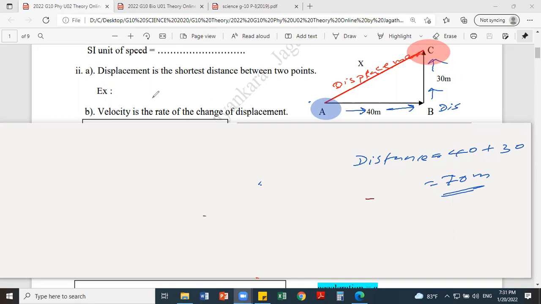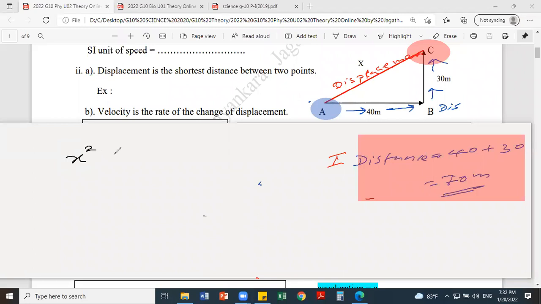I want you to copy this diagram in your writing book and find the displacement. Please write your distance: distance equals 70 meters. Now I am going to write displacement. X will be the displacement.